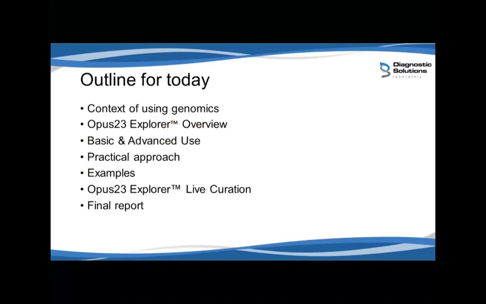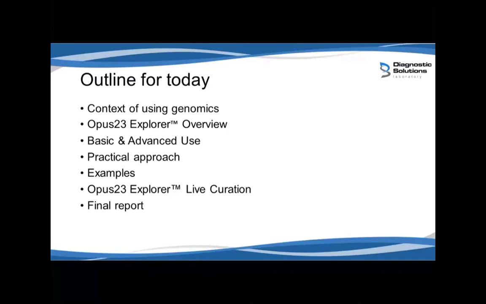Just a quick outline for today. We'll start with a quick context and overview of what genomics is, what genetics is, just some boring definitions to make sure we're all on the same page. After that, we'll get started with Opus 23 Explorer, what exactly that tool is, what sets it apart from other genomic analysis tools and platforms out there, and how it approaches this interesting information. Next, we'll talk about two different ways to use the program.